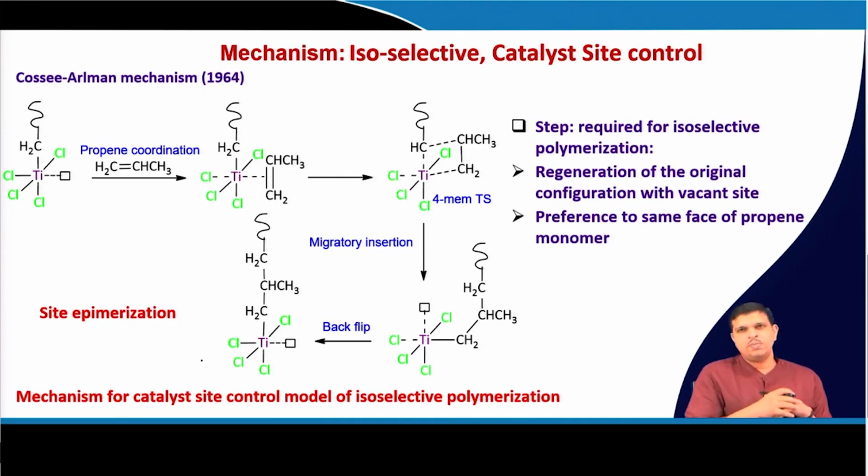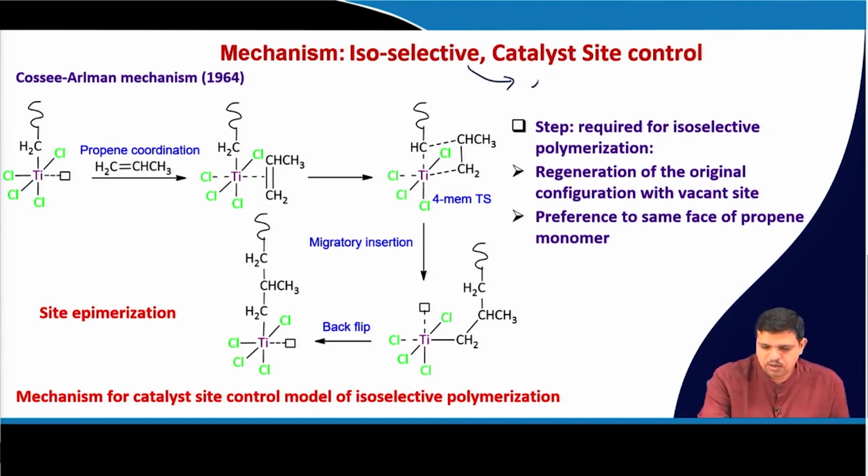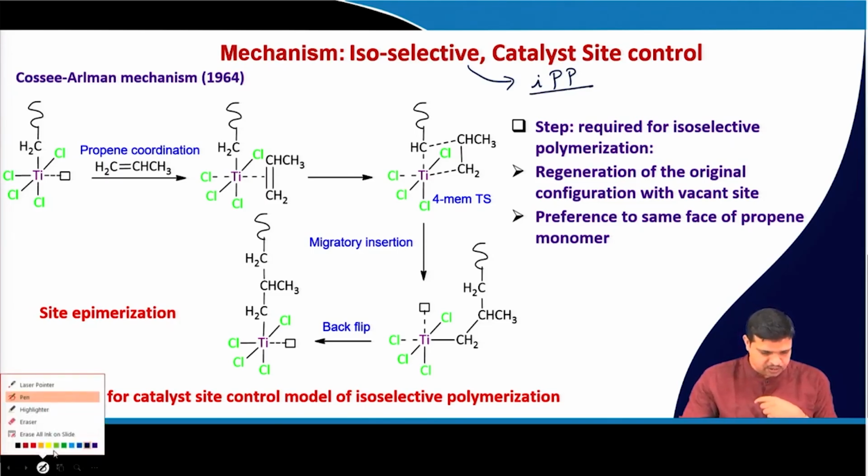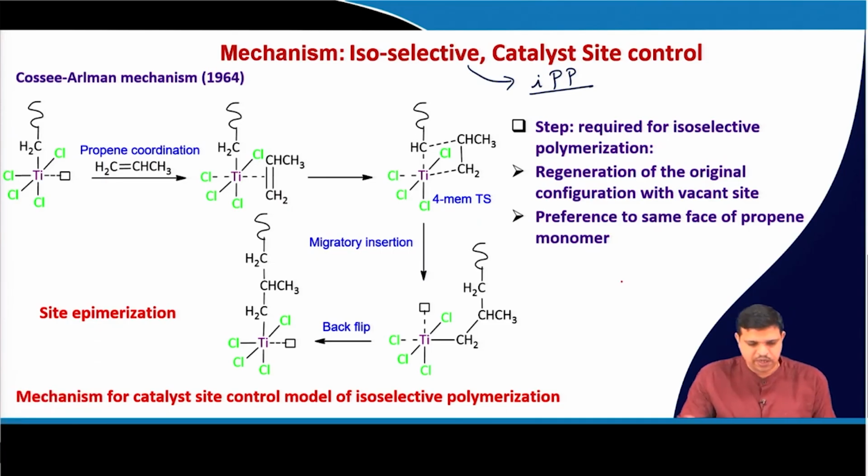Now with this concept, let's discuss what the real mechanism operating here is. Why is it isoselective? Why do we get isotactic polypropylene? See this slide, this one is very important, so please see it very carefully and try to understand.